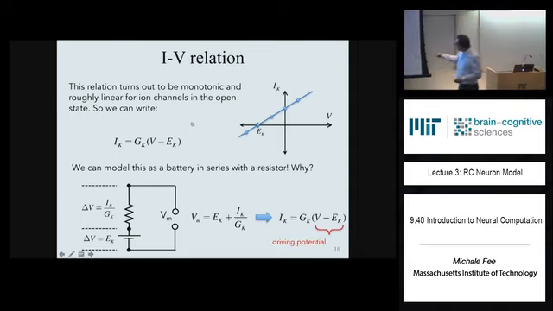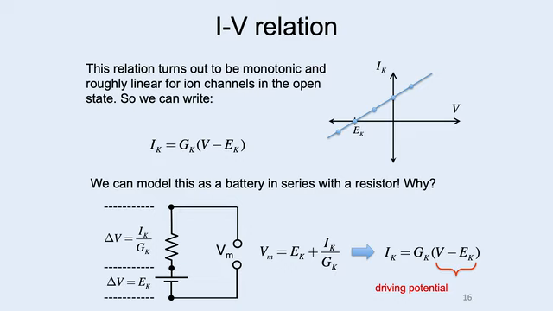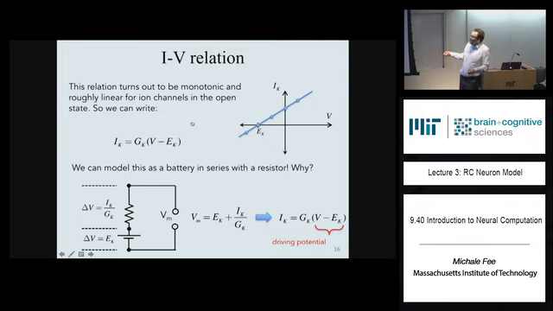This quantity right here, by the way, V minus EK, is called the driving potential. If V is equal to EK, then the driving potential is 0, and there's no current. Okay? The current through the channel is proportional to the driving potential.